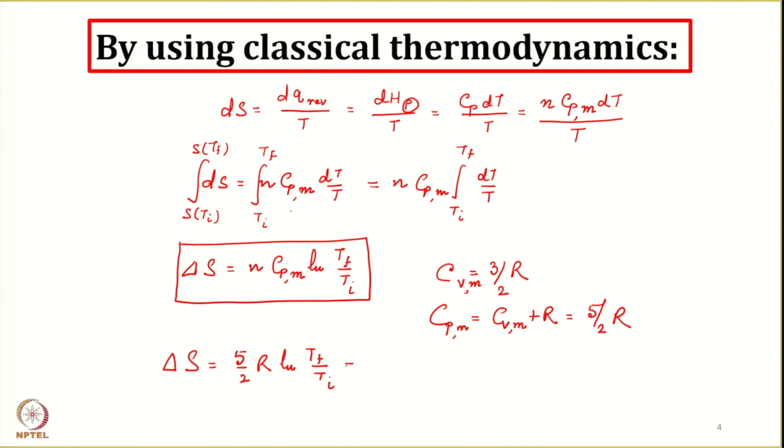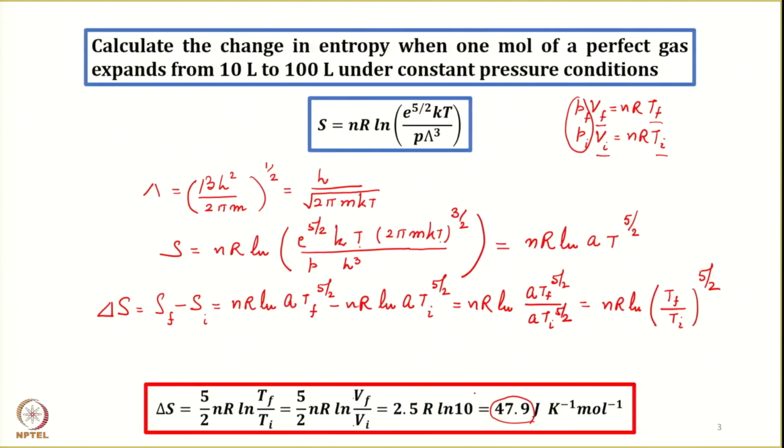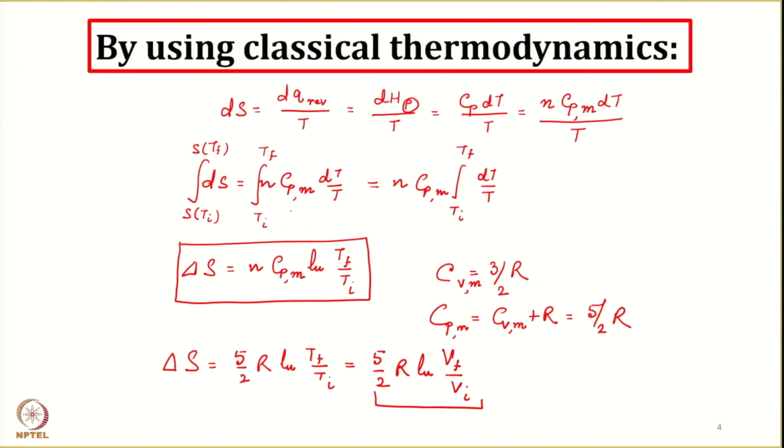which is equal to 5/2 R log Vf over Vi by the same arguments, and the result that you have is the same, that is 5/2 nR log Tf over Ti, or 5/2 nR log Vf over Vi, which is 47.9 joules per Kelvin per mole.